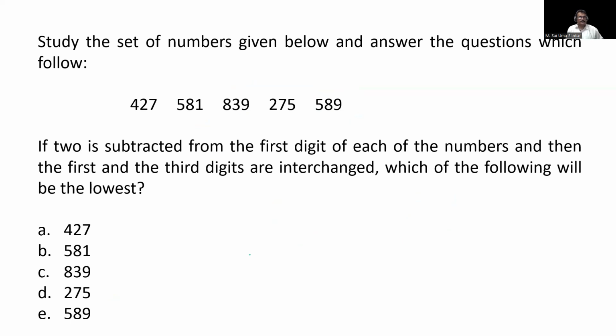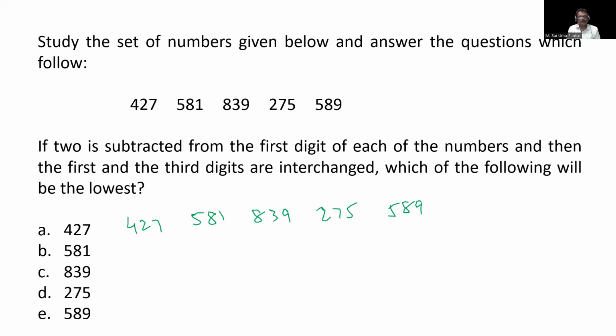Next question. If 2 is subtracted from the first digit of each and every number, and then the first and third digits are interchanged, which of the following will be the lowest? Numbers are 427, 581, 839, 275, 589.